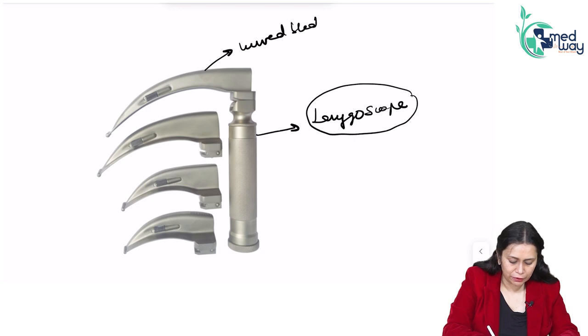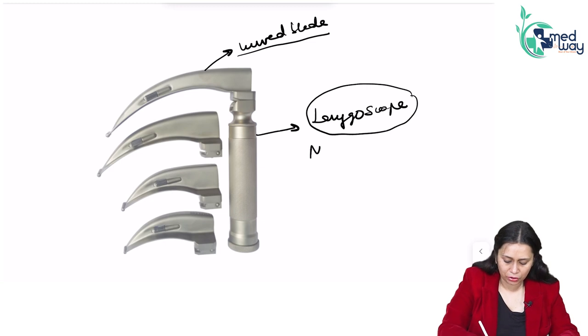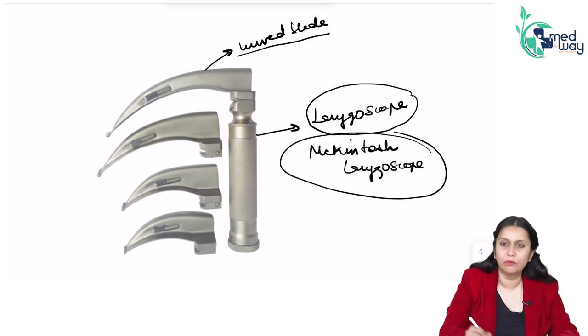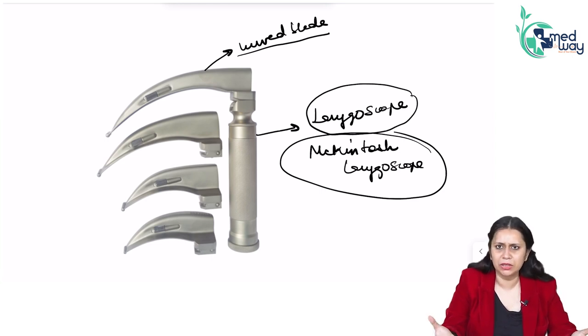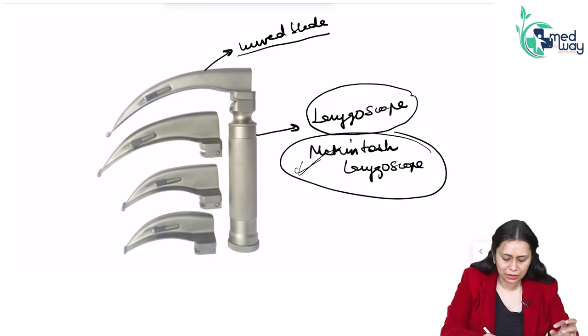This laryngoscope with the curved blade is the Macintosh laryngoscope, and it is the commonest laryngoscope which we are using, even in adults and pediatrics both. Worldwide Macintosh is the commonest one being used, and it has a curved blade.